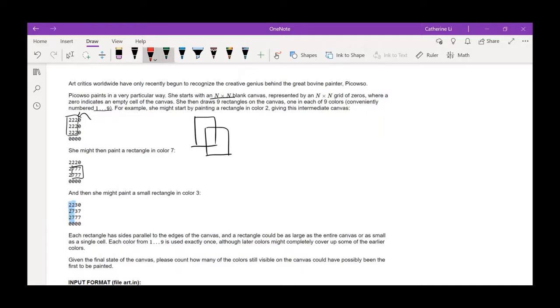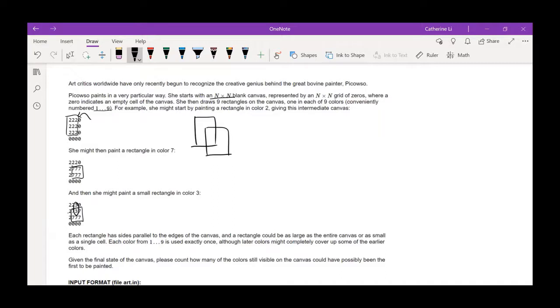Yeah, so if we just assume the smallest possible borders for all of these colors, then we can look at which ones are never covering another rectangle. Like you see these 3s cover the 7s, which means they couldn't have possibly been painted first.